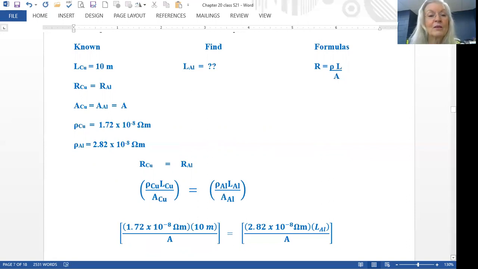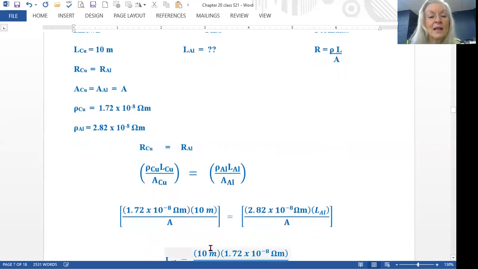So smaller and below. And then when we plug in, we know the rho for copper, we know the length of copper. We don't know the cross-sectional area of either one, but we can call it A. We know the resistivity of aluminum. We don't know the length of the aluminum. And again, we don't know the cross-sectional area of the aluminum or the copper.